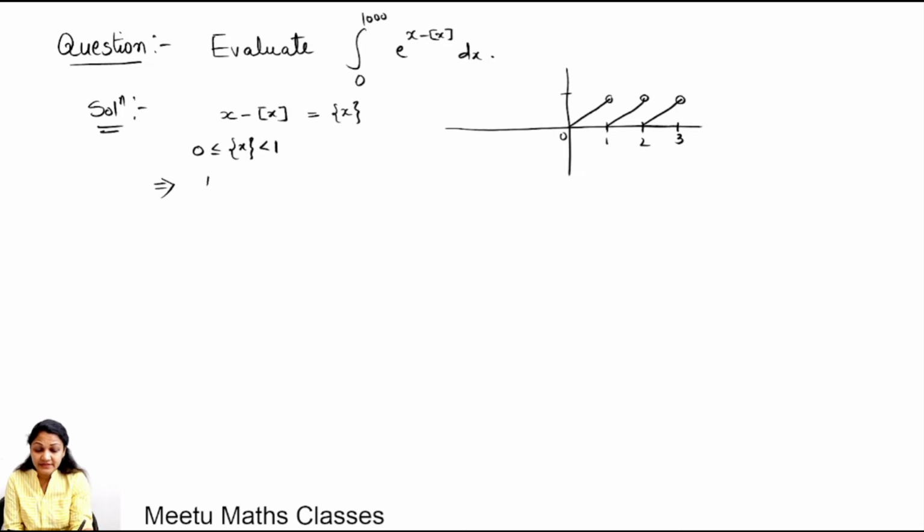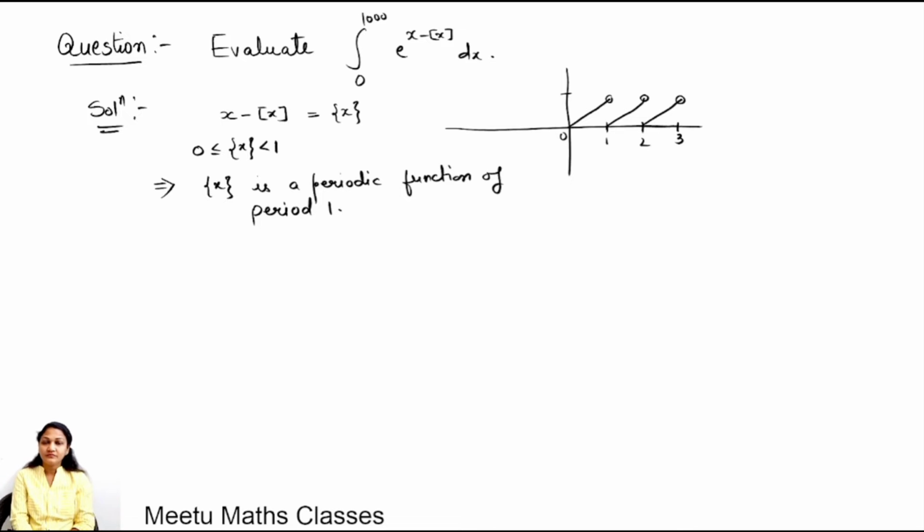That implies this is a periodic function. This is a periodic function of period 1. Now after 1 unit, the values are going to be repeated. So this function is of period 1.